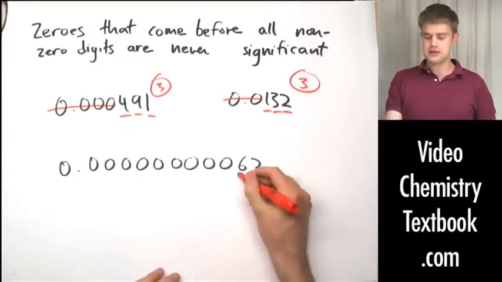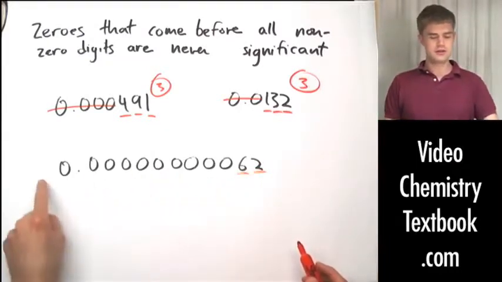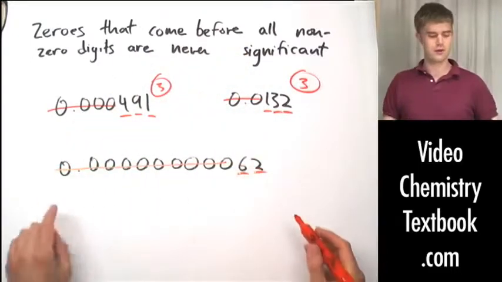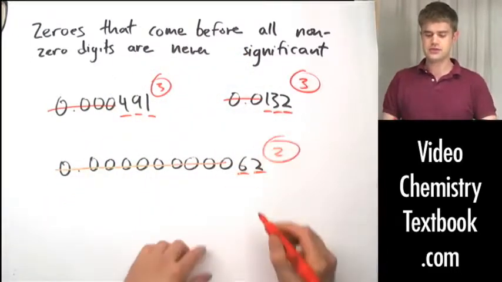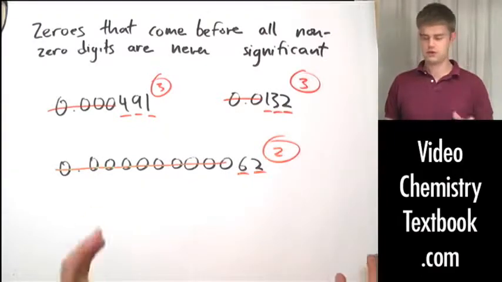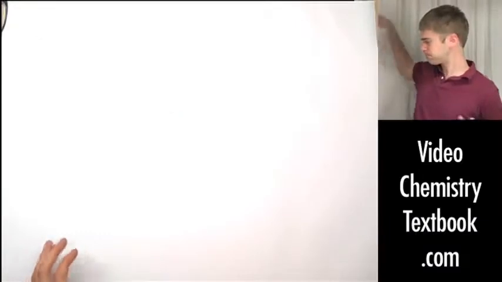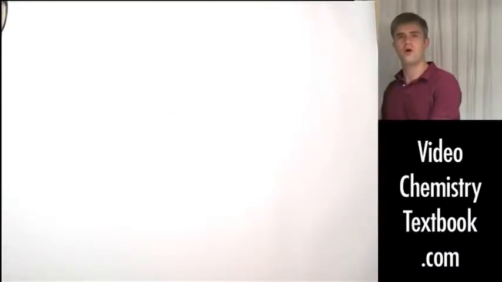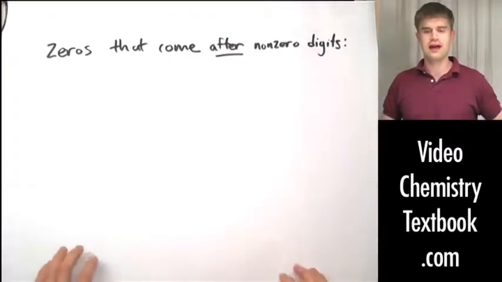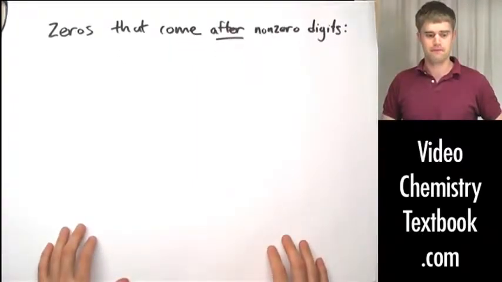Again, these digits are significant, but none of the zeros that come before them or to the left are significant. We don't have to worry about any of them, and this number only has 2 significant digits, the 6 and the 2. So that was what happens when we have zeros that come before or to the left of a number.